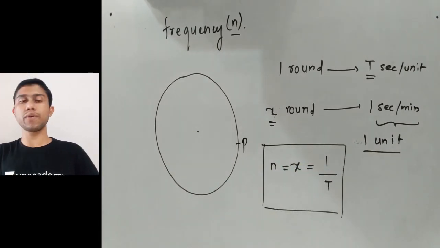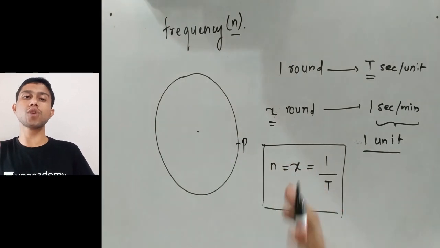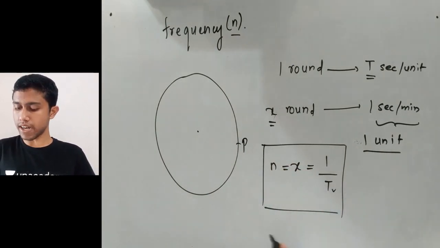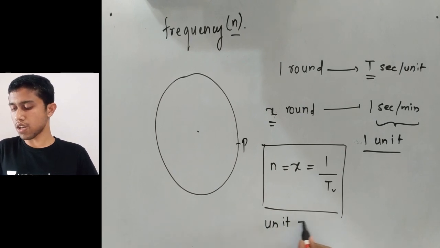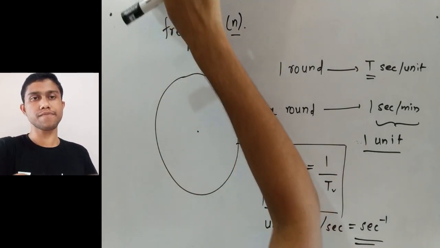Okay, so what is frequency? Frequency is what amount of round, or what extent of the circular path, you cover in a unit time. Simple. So what is its unit? Unit is 1 by seconds, that is second inverse. Simple.